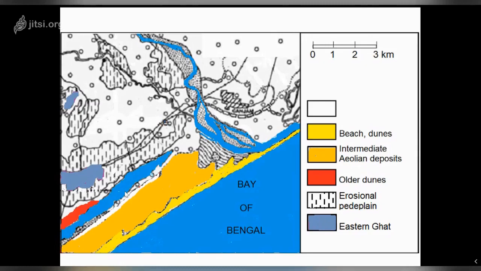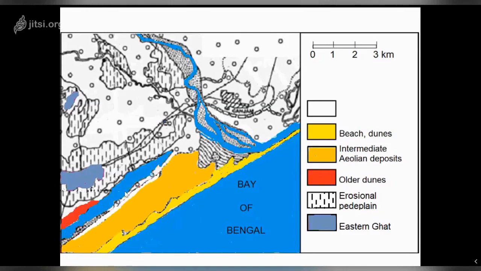The dry climate, the huge expanse of the continental shelf which was exposed to subaerial conditions, and the strong winds all put together made possible the formation of huge dunes. Now, the dunes have been studied by many workers, and recently they have come up with various dates. But generally, it is taken as 12,000 to 15,000 years BP.